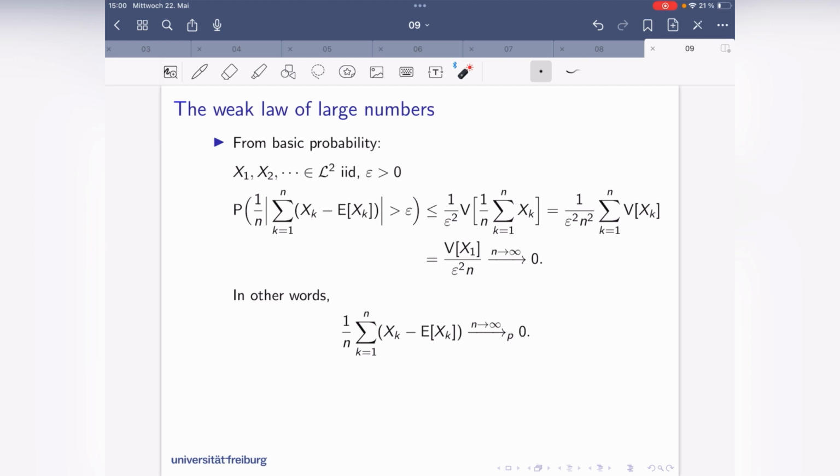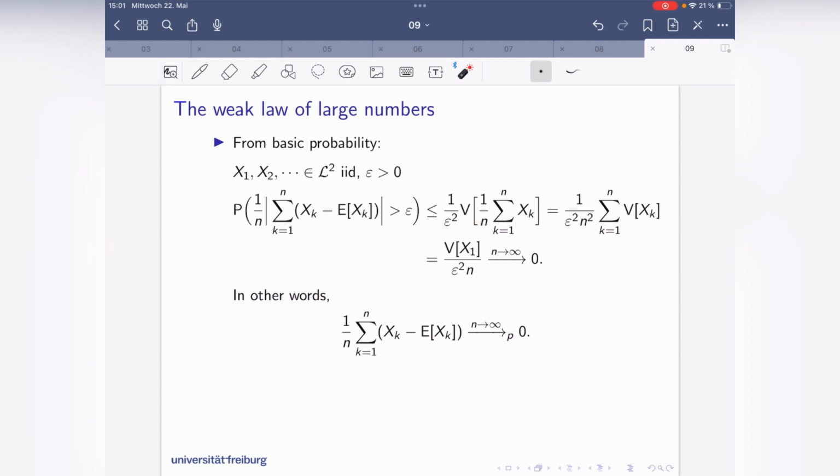The proof of this was actually quite simple. It uses the Chebyshev inequality. So we have some non-negative random variable here, bigger than epsilon. It's bounded from above by 1 over epsilon squared times the variance of the thing, that's the second moment of this here. And if you have the variance of this thing here, first of all, 1 over n, you can pull out of the variance with a square.